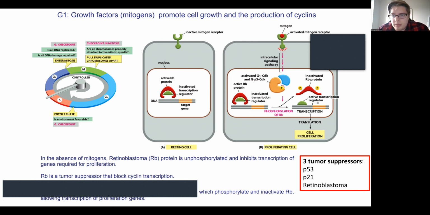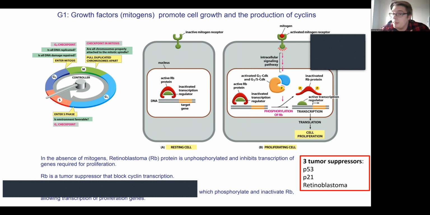P53, I'm sure you've all heard before, is well known for regulating apoptosis. Or sorry, if there's a problem with P53, the cell will not undergo apoptosis, causing a tumor. P21 is a CDK inhibitor. So if it inhibits CDKs, the cells cannot undergo mitosis.